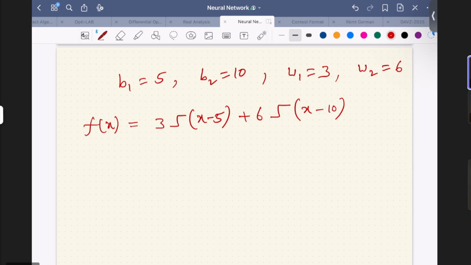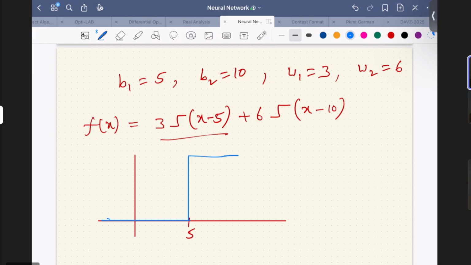If you draw this one, what you will get? Let me draw the first one. The hinge at 5, height is 3. So a blue line comes here and touches at 3.